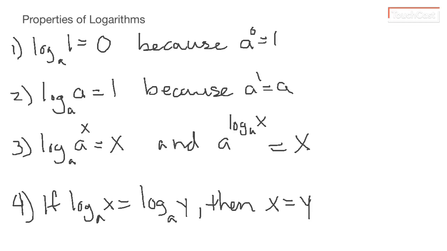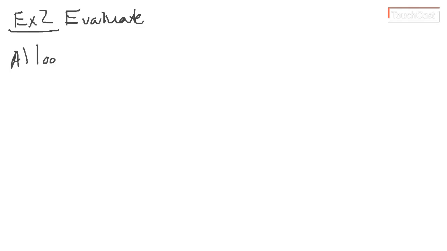So let's look at a couple more examples. So example 2, we're going to evaluate the following. So we're going to look at 3 parts to this. We're going to have log base 4 of 1.